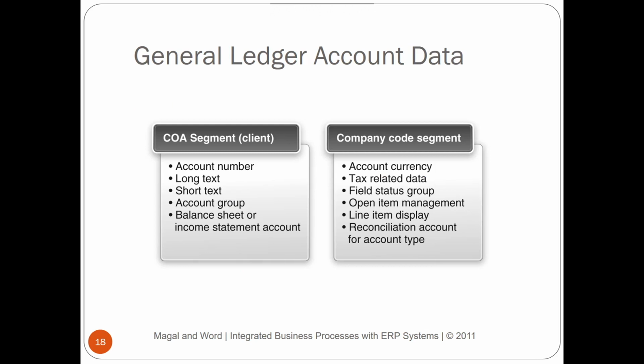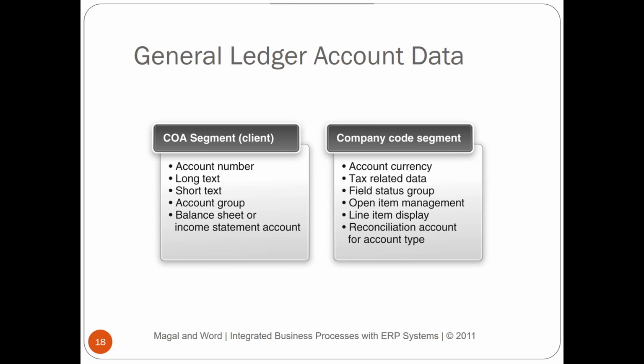In this photo, we show that the COA accounts include the COA segment, or the client segment, and the company code segment. The COA segment typically includes an account number, long text, short text, and account group, and an indication as to whether the account is a balance sheet or a profit and loss account.